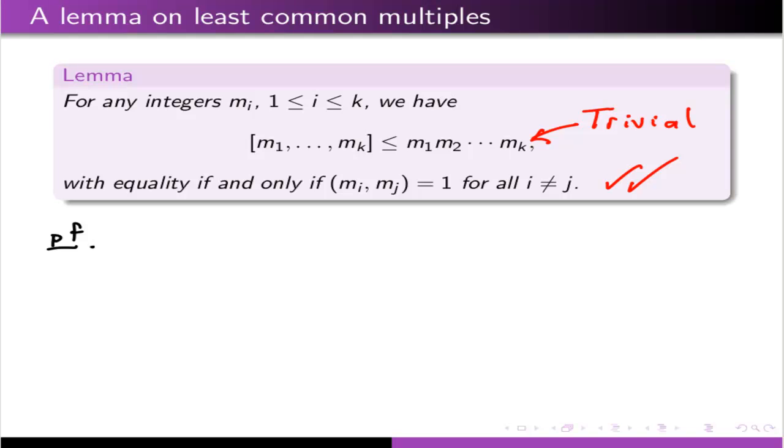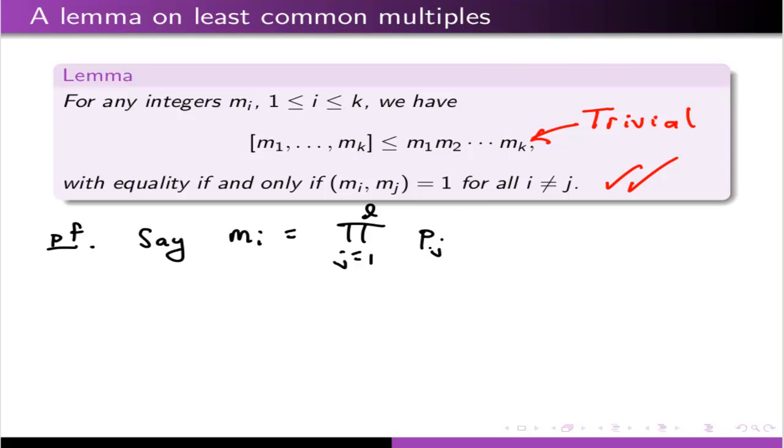So let's use the trick of representing all of the moduli using the same prime powers. Let's say m_i has a prime power factorization, the product over j from 1 up to L of p_j to the e_ij.